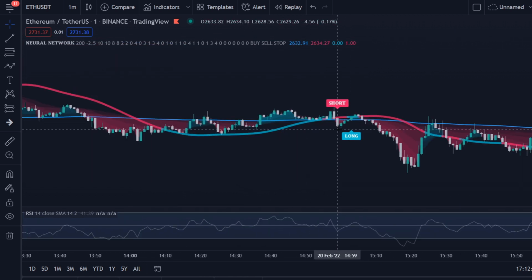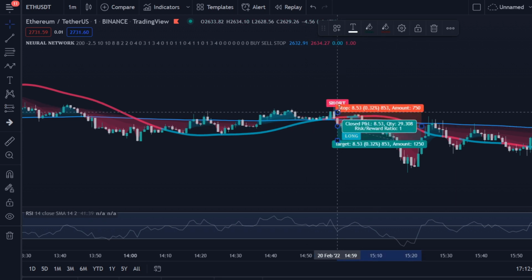Over here we see a short trade. We see that the price is below the 200 exponential moving average. It closes below the 200. We drop down. We see that the RSI is below the 50 level. And we also see over here a red band, which means that all our rules align.